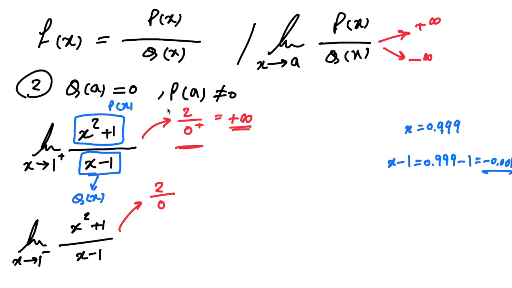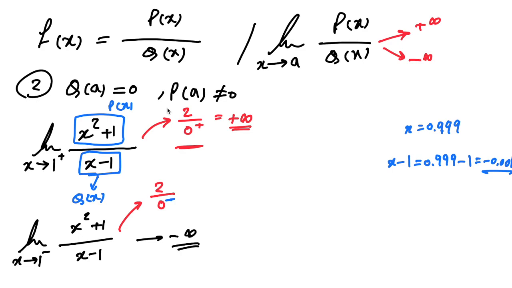You can see negative 0.001 is a number so close to 0, but this time it's a negative number, so it's going to be 2 by 0 negative. The numerator is positive, the denominator is negative, so the division of a positive and a negative number is going to be a negative number. So the limit will be negative infinity this time.